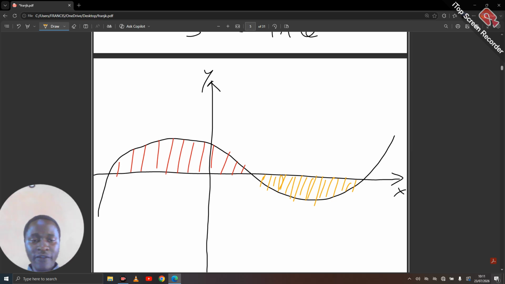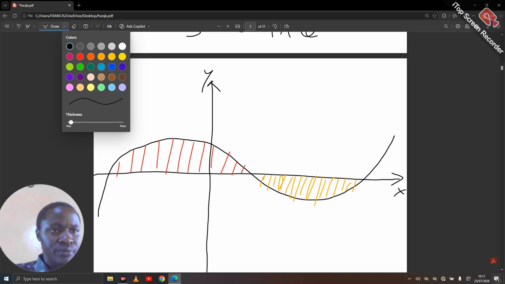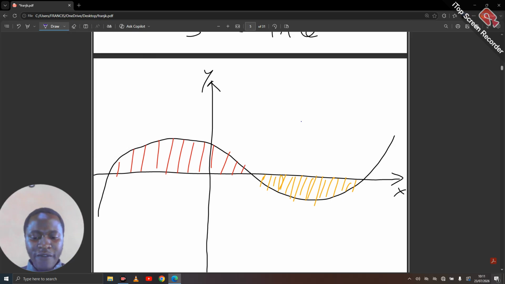Let me assume that the curve cuts the x-axis at this point, maybe at negative a, the other point at maybe b, and the other point at maybe c.